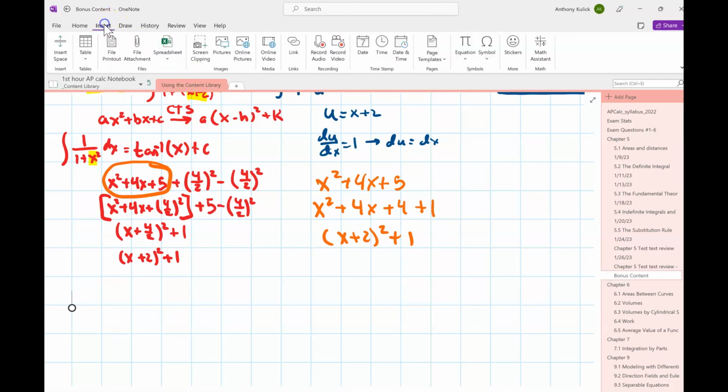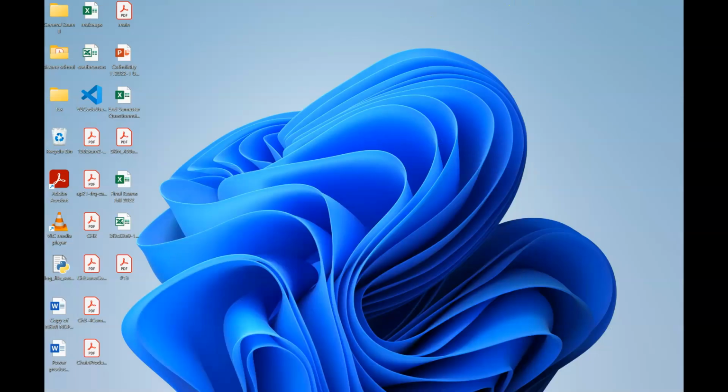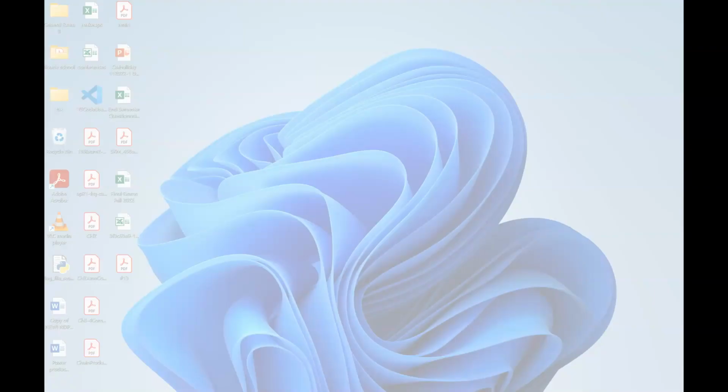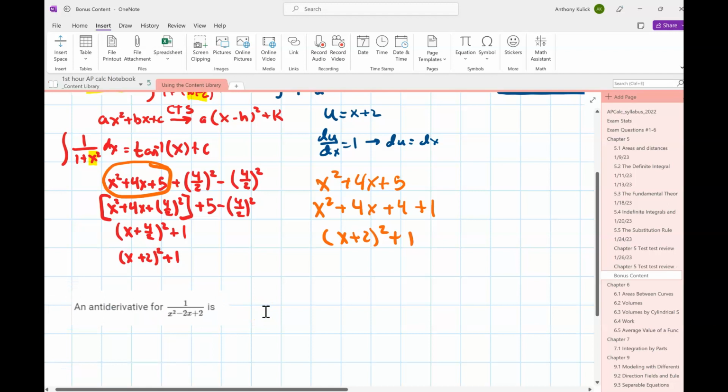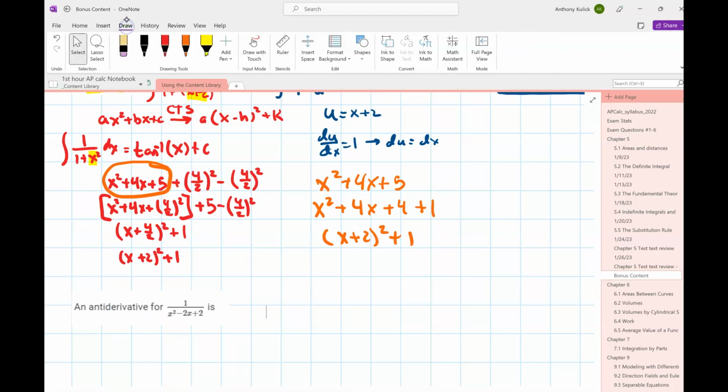Okay, let's do another practice. That's smaller than I wanted it to be. So let's say we're looking for the antiderivative of this. Try it. Separate sheet of paper, scrap, notebook, OneNote. Think about it in your head for a minute.